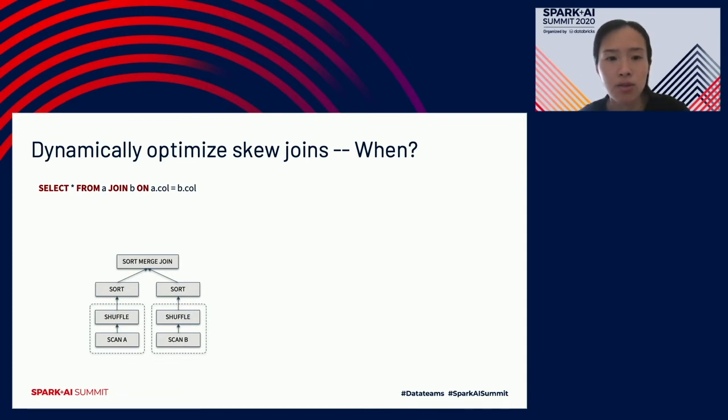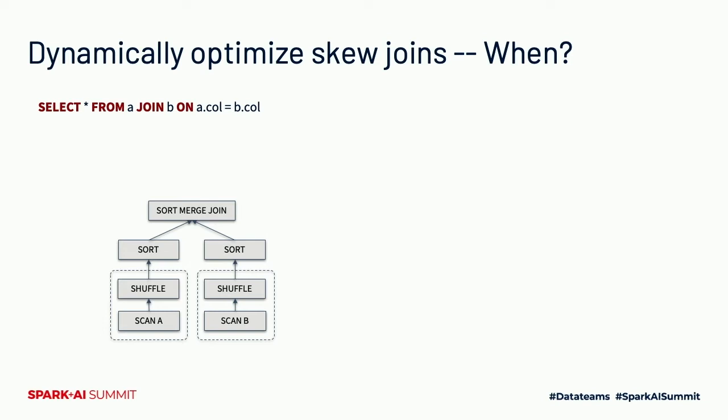This is how the skew join optimization happens in the AQE workflow. Similar to the previous example, this is a join query planned as sort merge join. Both stage 1 and stage 2 are leaf stages and are started simultaneously in the first step.